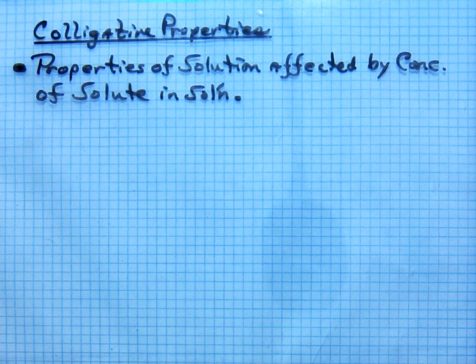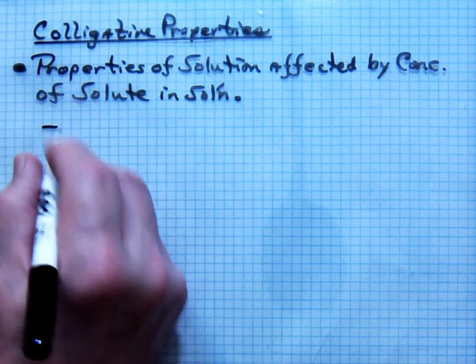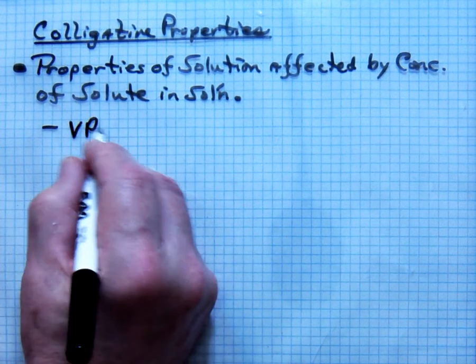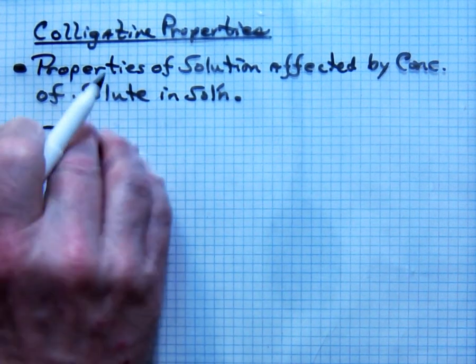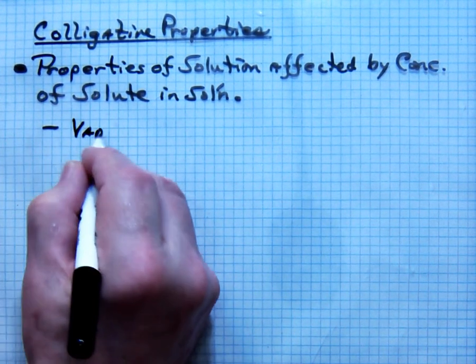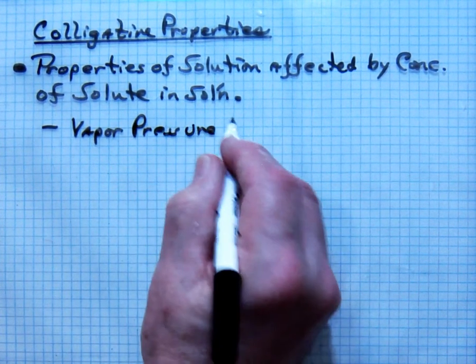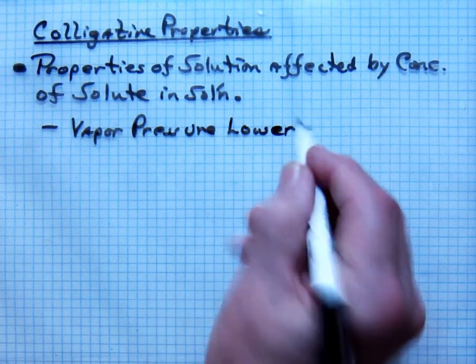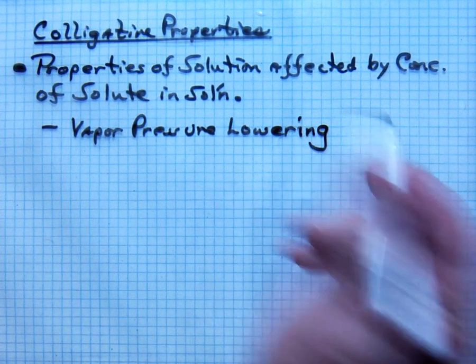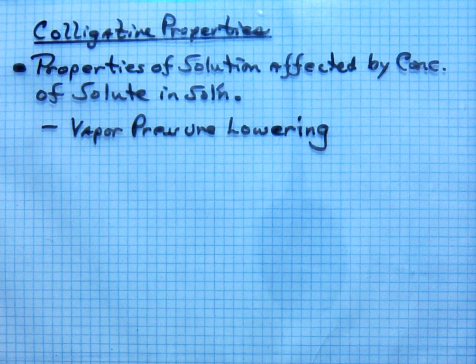These include what we call a vapor pressure lowering factor. When you put in a solute, it interacts with the solvent and keeps the solvent from evaporating, which lowers the vapor pressure, and so the effect is called vapor pressure lowering.